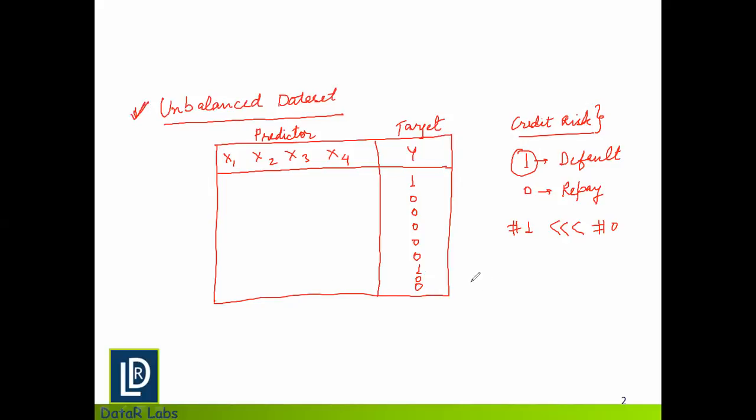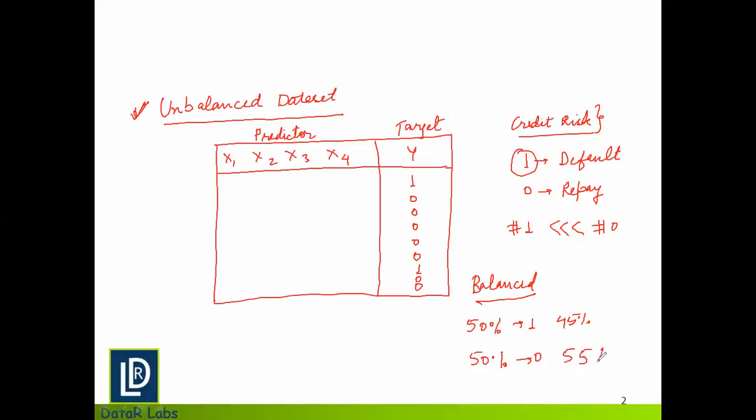On the contrary, a balanced data set would be when I have equal proportions for both 1 and 0, or at least very close to equal proportion. So I would have 50% of ones and 50% of zeros, very close to each other. Or maybe this can go on to 44, 45, and this can be 55.